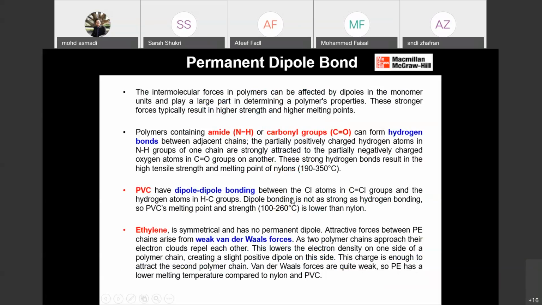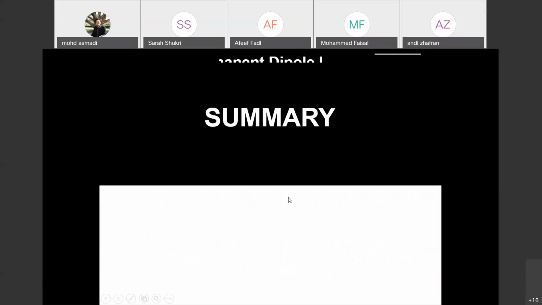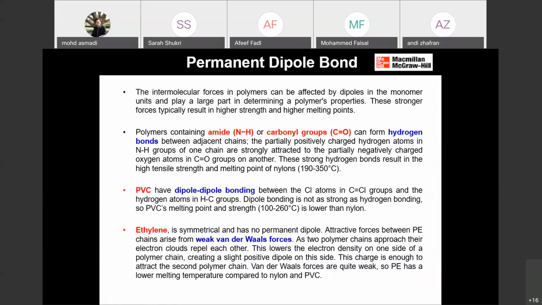Cl and H can form hydrogen bonding. Ethylene is symmetrical and has no dipole moment, but force between PE chains can arise from weak van der Waals force, a fluctuating dipole, as opposed to permanent dipoles. I hope you can differentiate between the non-permanent and permanent secondary bonds.